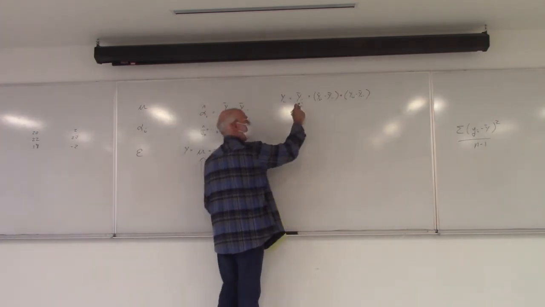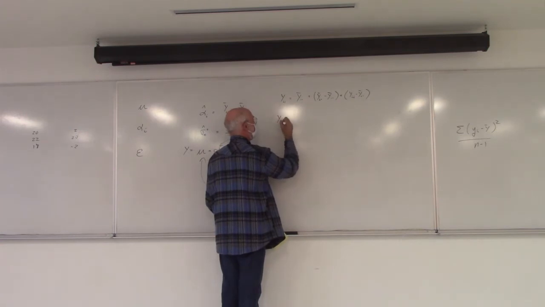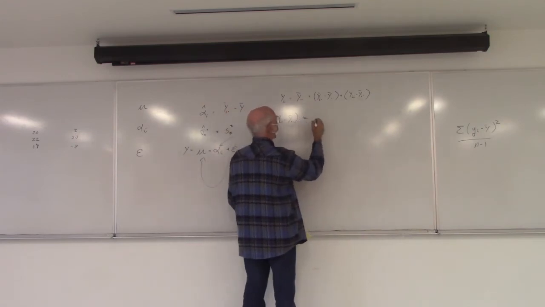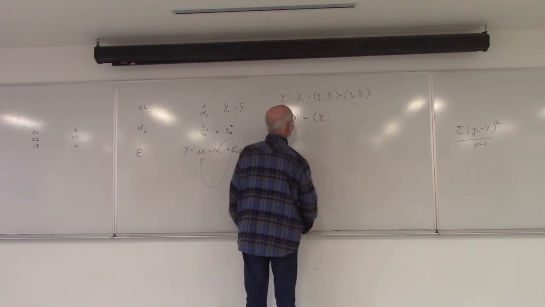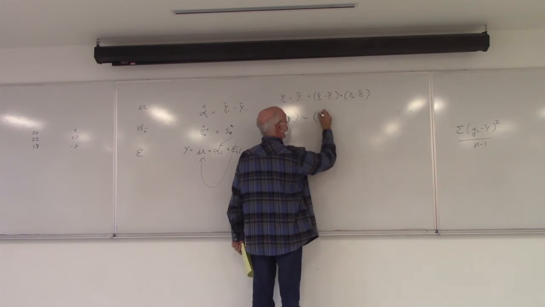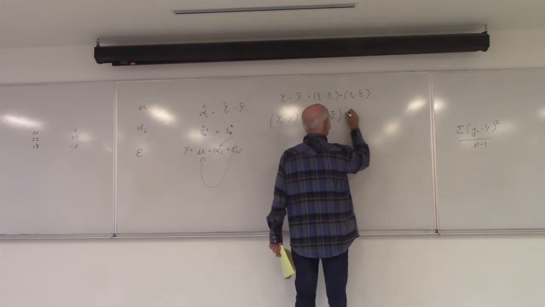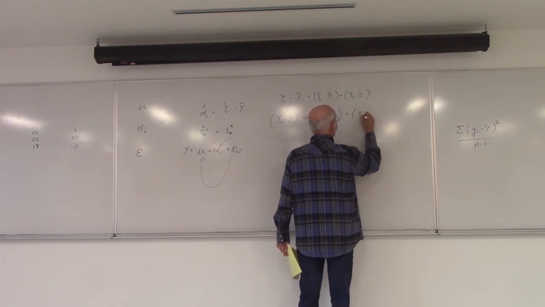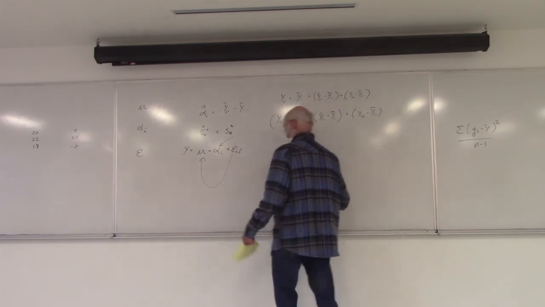So let's take this and subtract it from both sides. So now I have yij minus y bar dot dot is equal to yi dot bar minus y bar dot dot plus yij minus yi dot bar.